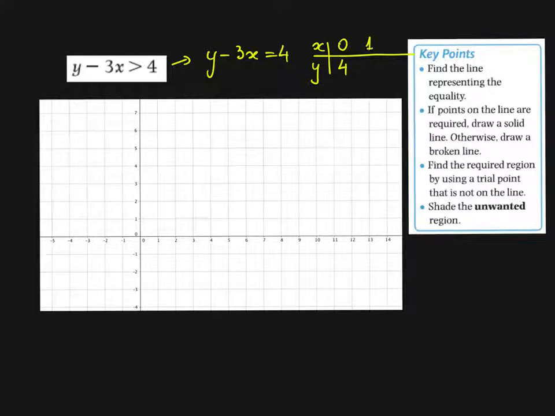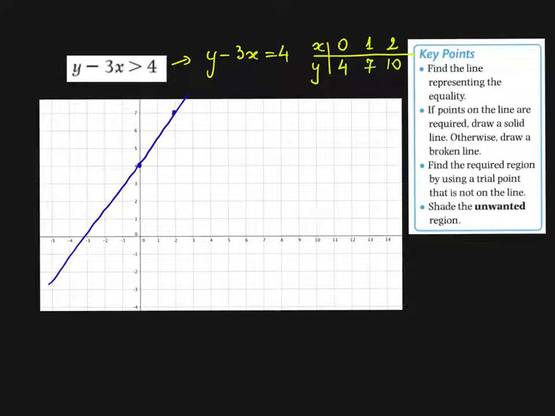For x equals 1, if I replace x equals 1 here, I get y minus 3 is 4, so y needs to be 7. For x equals 2, I get y minus 3 times 2, 6. Y minus 6 is 4, so y will be 10, and so on. My points will be 0, 4, 1, 7, and so on. I can't represent 2, 10 because it's outside my grid. So this is going to be my line.